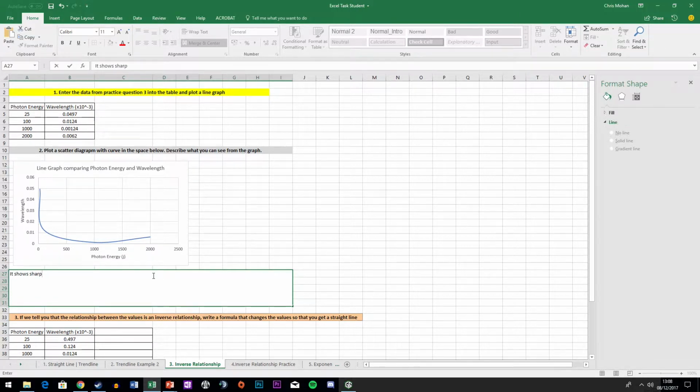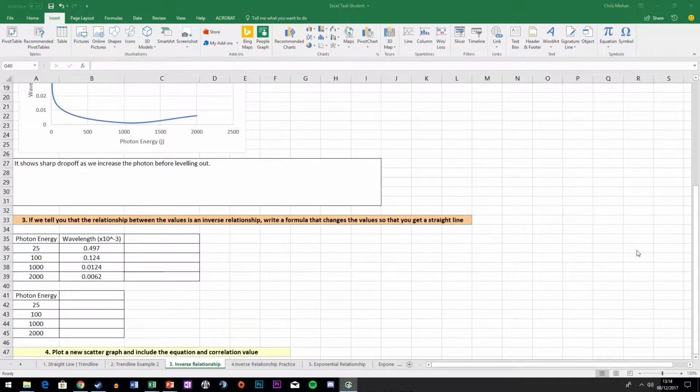But I could also say it shows a sharp drop off as we increase the photon energy before leveling out. So it kind of goes a bit straight. And this is what an inverse relationship looks like. And as it is, well, apart from it being a quite ugly looking graph, we can't really get very many measurables out of it.